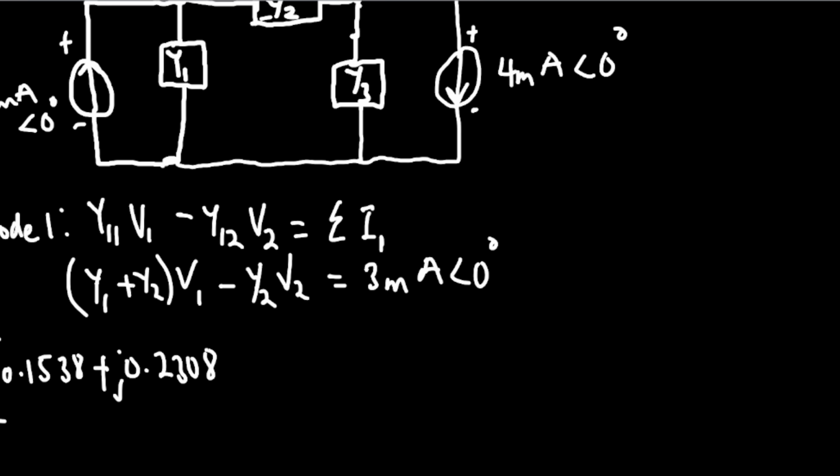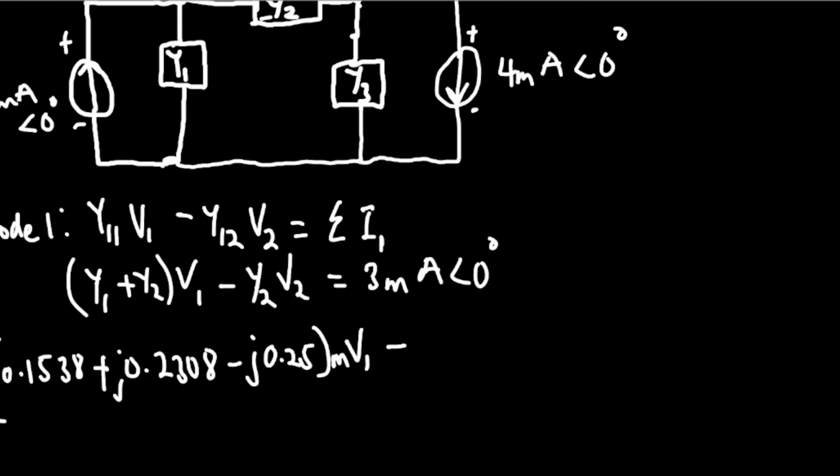And what's our Y2? Our Y2 is minus J0.25, all of them in milli, V1 minus Y2. What is our Y2?